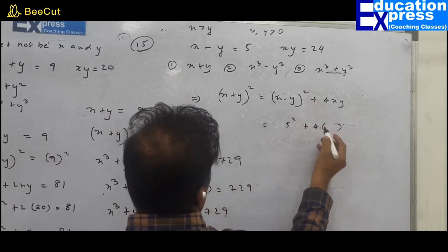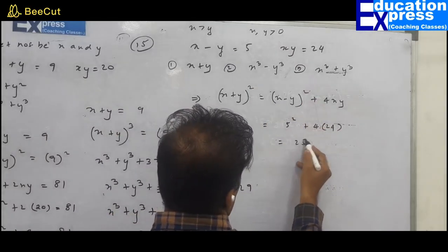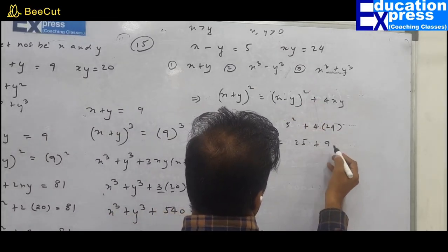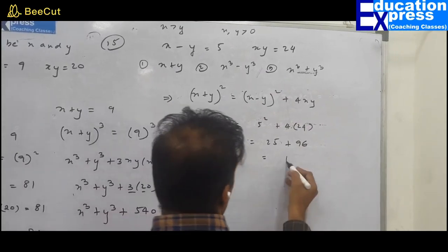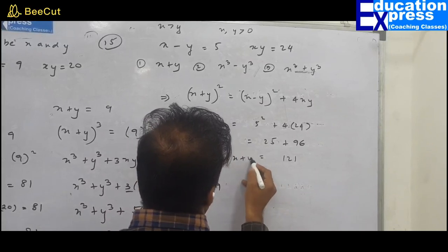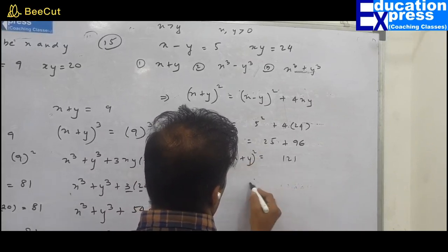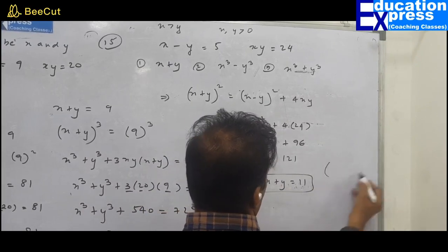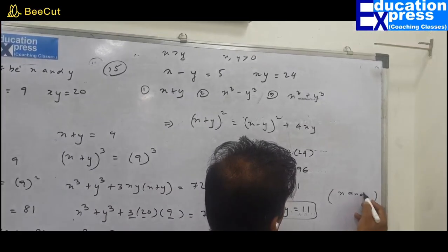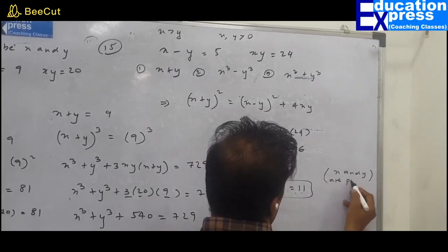What is the value of xy? 24. 25 plus 96. That makes it 121. (x plus y) square equals 121. Therefore, x plus y equals only 11, as x and y are positive numbers.